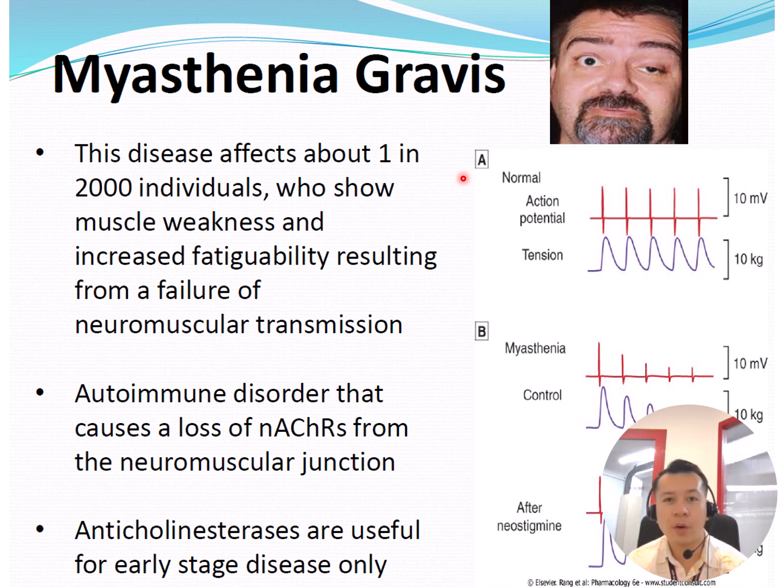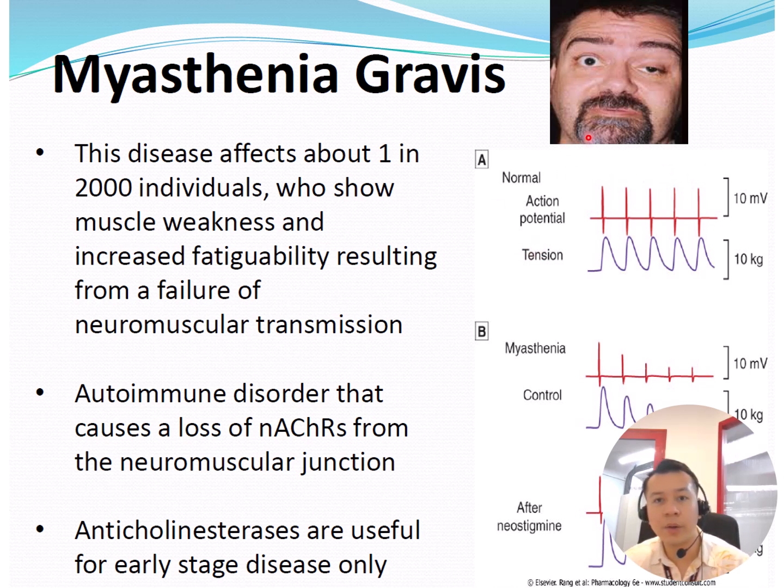So for myasthenia gravis, the antibody produced in your own body system, instead of destroying the foreign object, goes and destroys your nicotinic acetylcholine receptor at the neuromuscular junction.